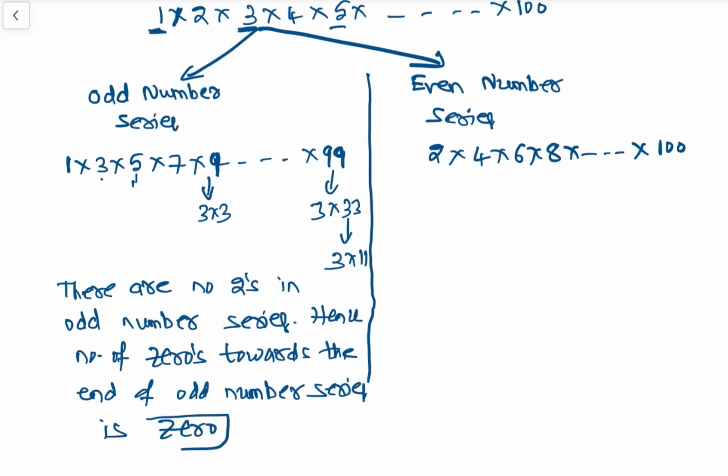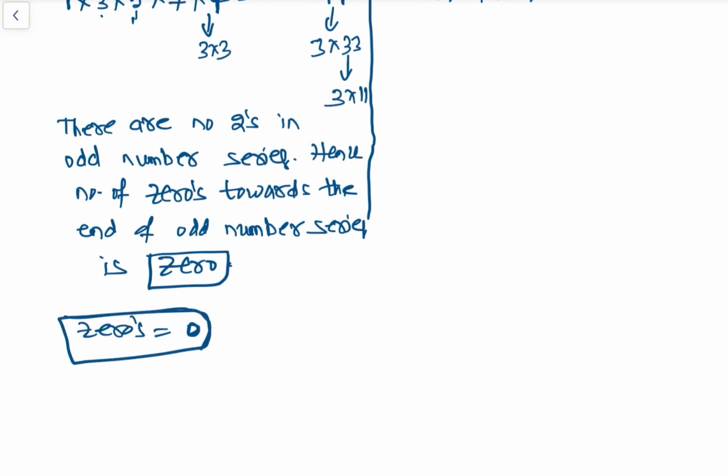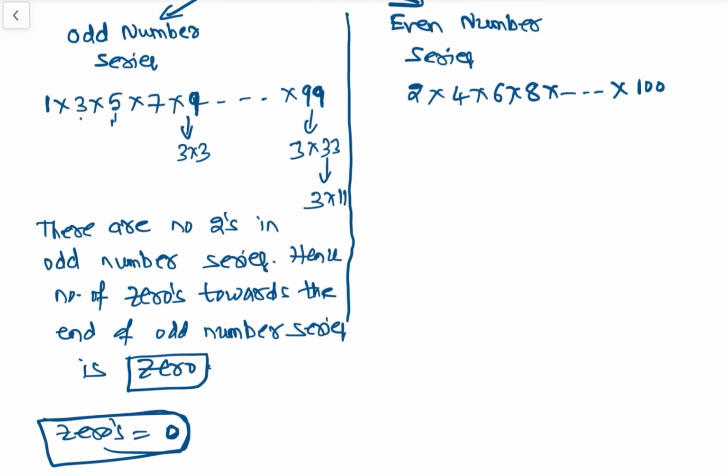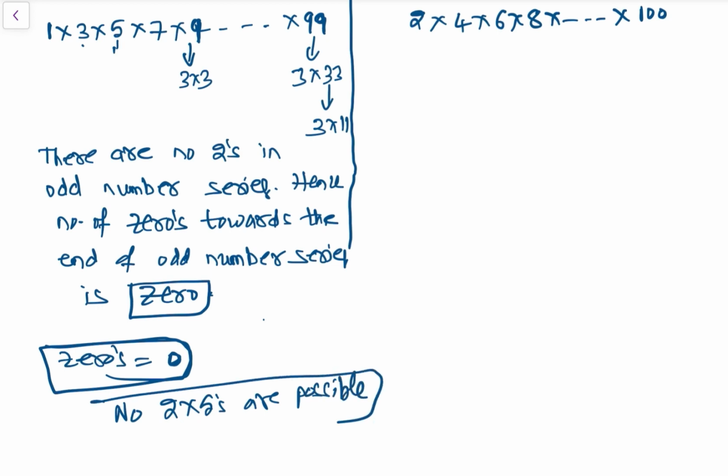So there are zero zeros, or there are no zeros. So the number of zeros in this series is equal to 0. No zeros in the series, because no 2 into 5s are possible, ठीक है, 2 into 5s पॉसिबल ही नहीं है, because 2s ही नहीं है.